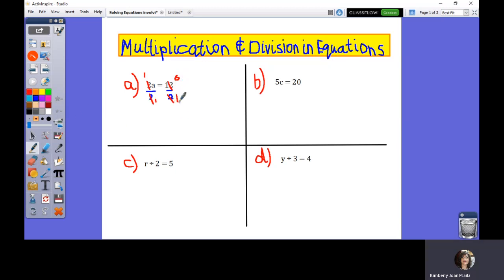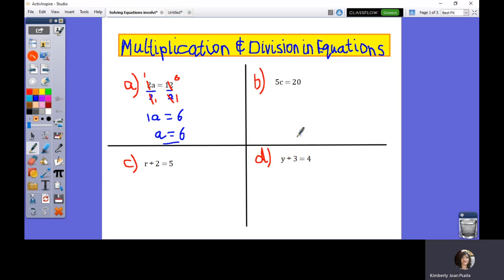So what are we left with? We are left with 1 all over 1, which gives us 1a, we didn't touch the a, which is equal to 6 all over 1, which gives us 6. Therefore, our value of a is 6. So simple. We had multiplication and we did the inverse of it, we did division.